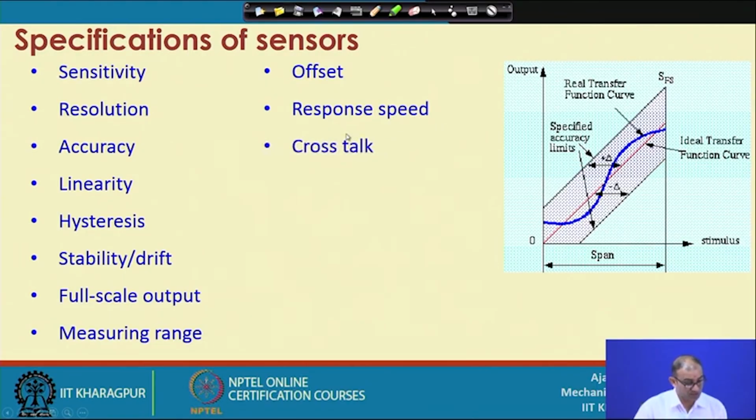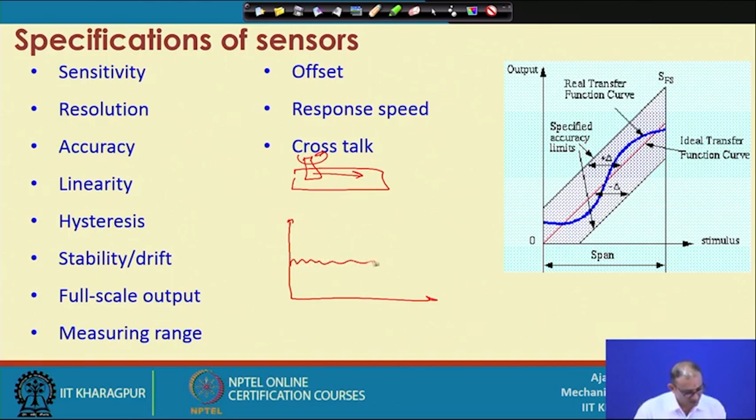Crosstalk, that means mixing of two different signals, right. Suppose you are doing machining with an end mill cutter and you are cutting a slot, right. Your end mill cutter is here and it is rotating, and then you are moving in this direction, correct. So, you are getting two signals, one is the normal force and another is the tangential force. Now, these two signals should be separated, that means they should not mix with each other.